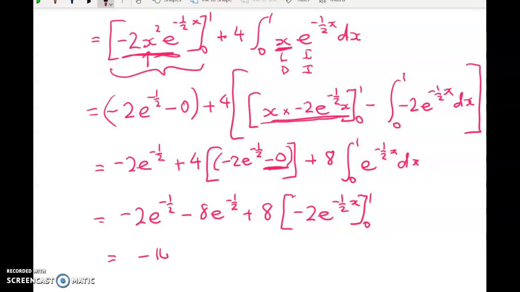So here we've got negative 10 over root e minus 16 times e to the negative a half minus negative 2 times e to the 0. Hang on, I've mucked that up now, haven't I? Right, let's just be careful with this 8 and the 2. So we've got minus 16 for the top one.